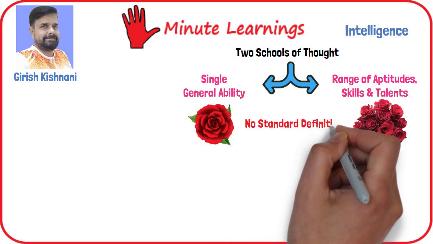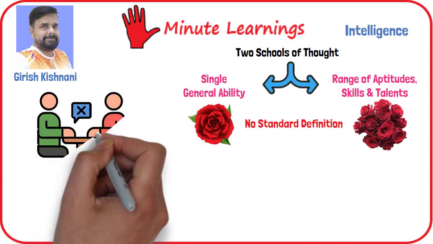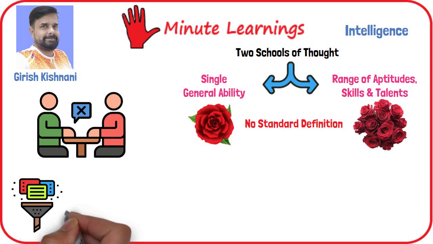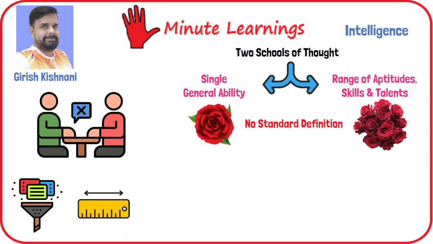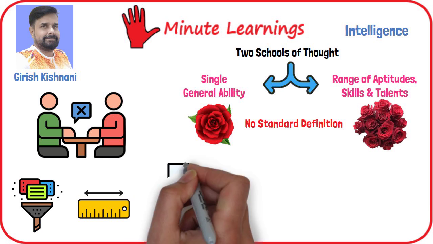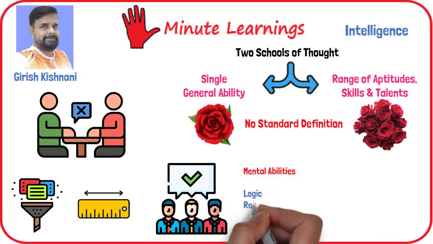But even today there is no standard definition of intelligence. There still isn't a consensus among experts about the components of intelligence or whether accurate measurements of intelligence are even possible. Although contemporary definitions of intelligence vary considerably, experts generally agree that intelligence involves mental abilities such as logic, reasoning, problem-solving, and planning.